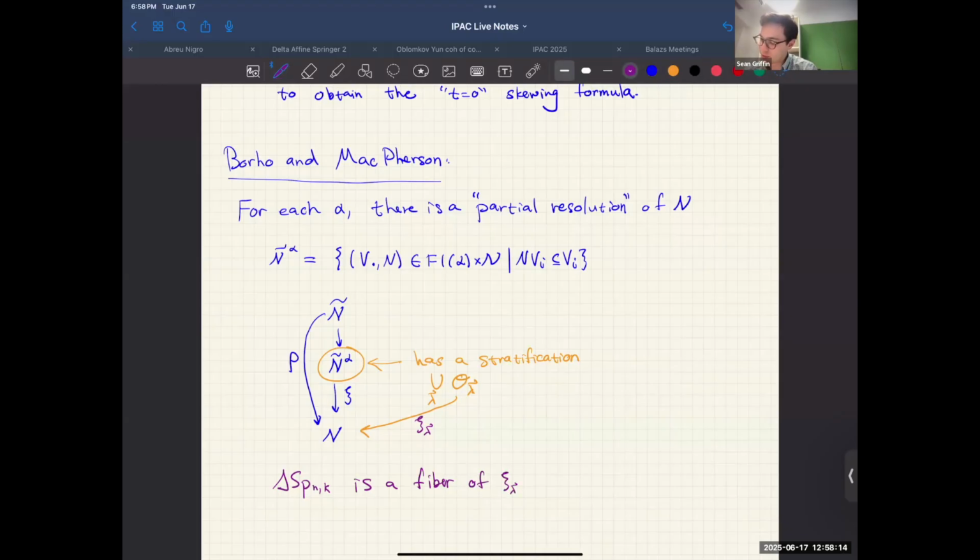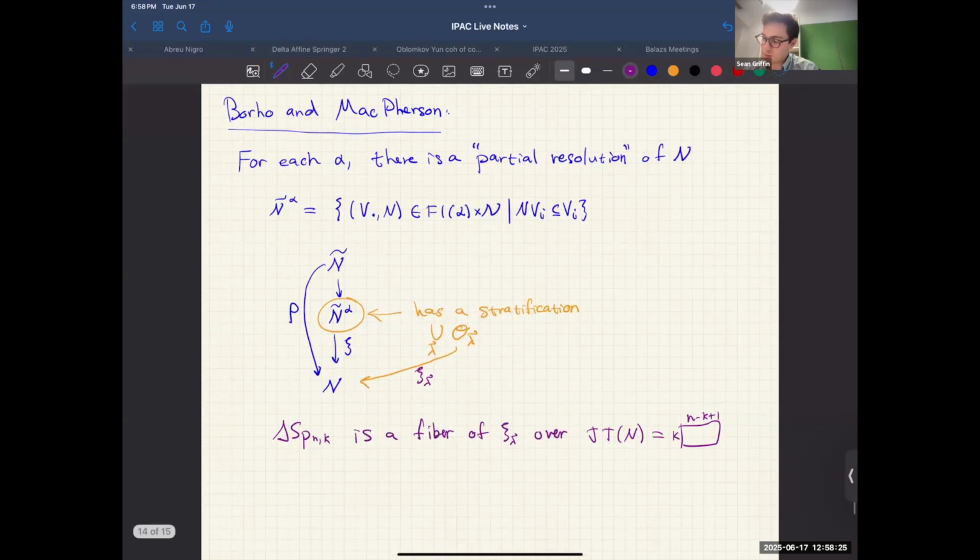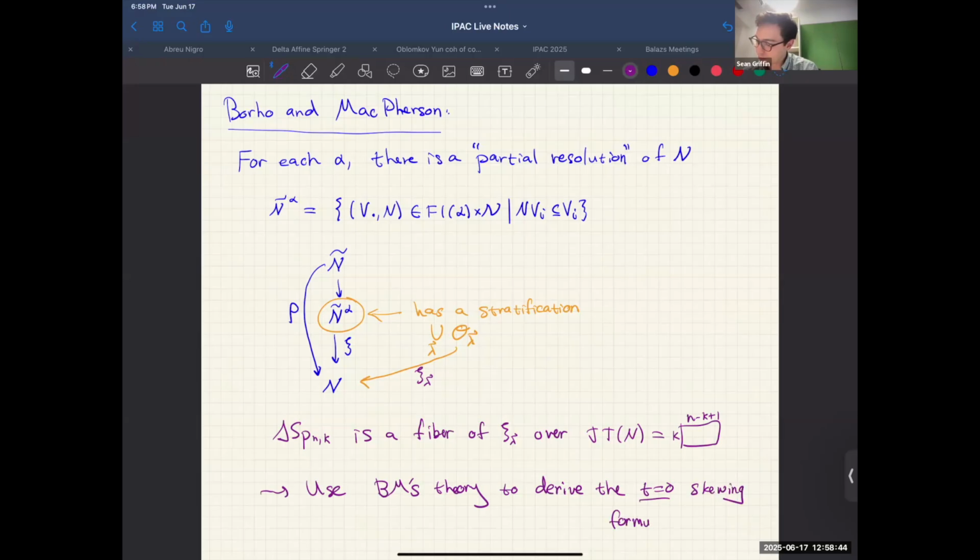A fiber of this restricted map over that particular nilpotent with Jordan type equal to the rectangle. And then we can use Borho-MacPherson's theory to derive the skewing formula, the t equals 0 skewing formula. So that's what I'll explain next time.